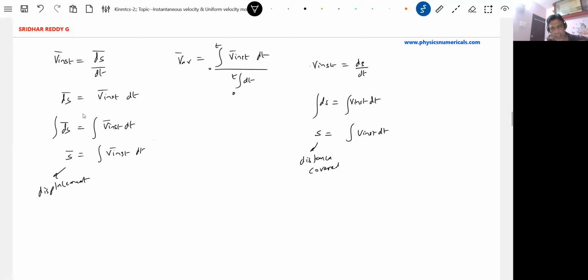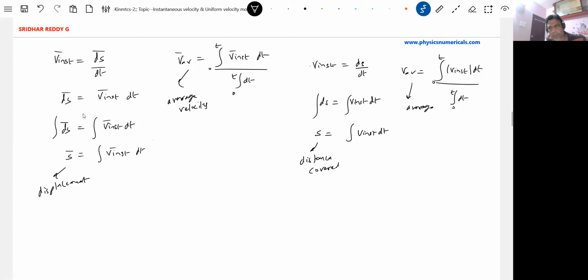The distance covered, we write it. Similarly, average velocity, and similarly average speed. Take the mod of that, that will give the average speed.